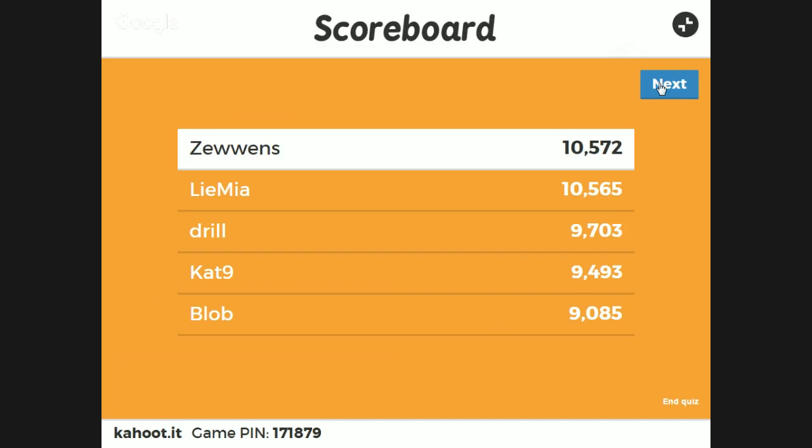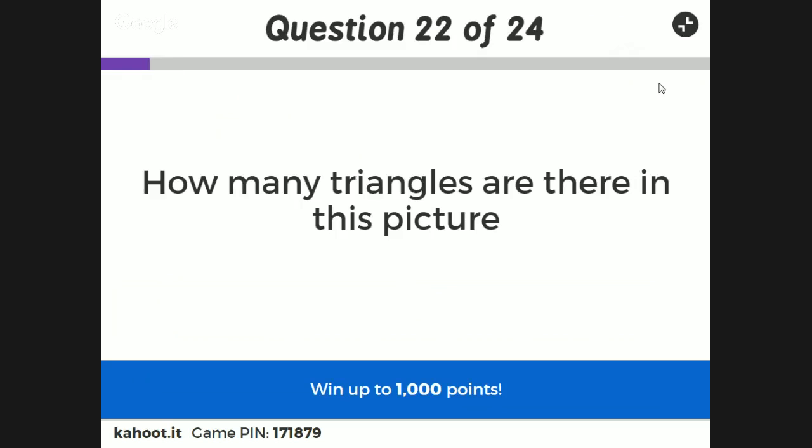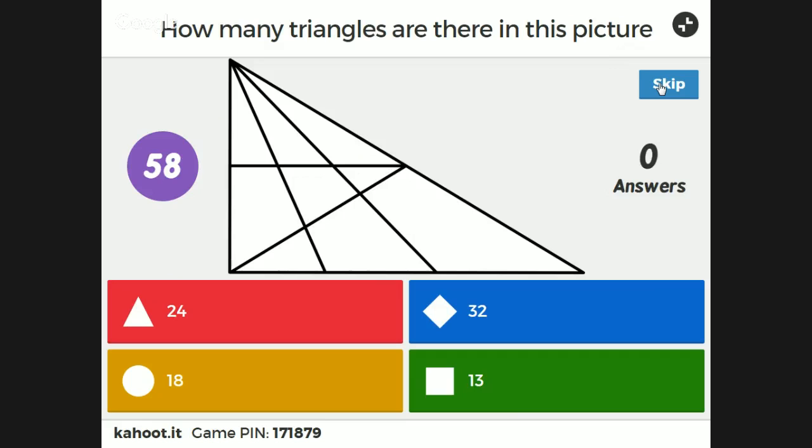They are hunting. Okay, how many triangles are there in this picture? You have got 1 minute.